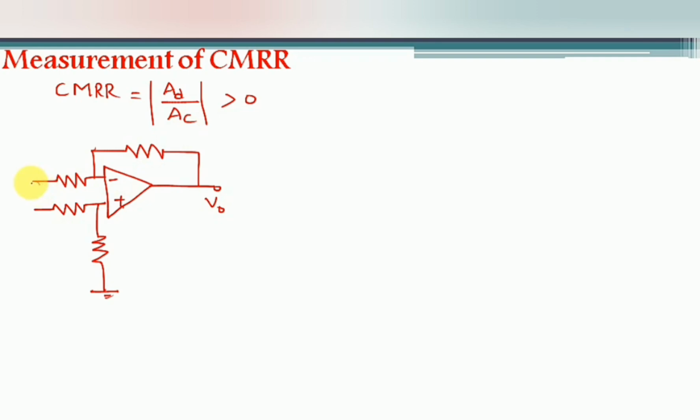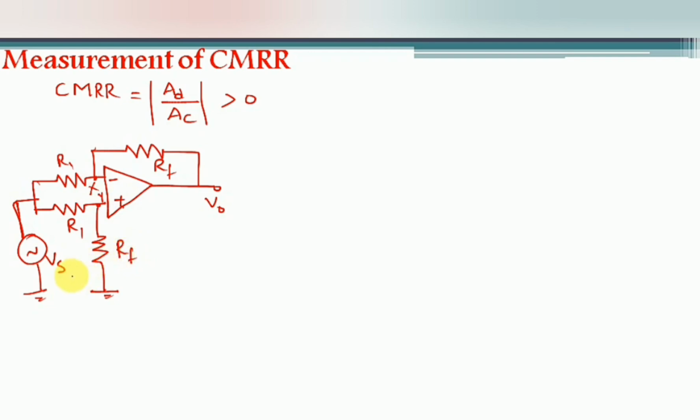So I am connecting these two inputs to a single source, that is the input signal Vs. Let us consider this as a resistor Rf, and it is also Rf, R1 and R1. Now let us name these points as X and Y.